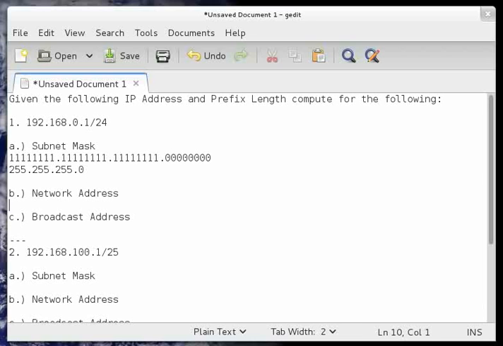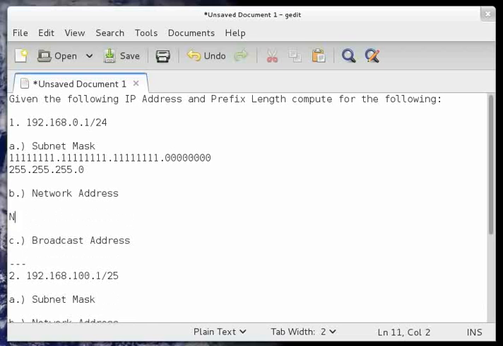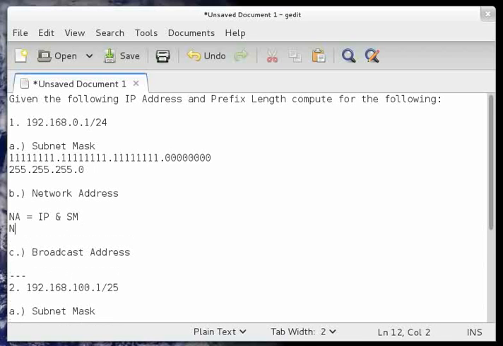Next, we compute the network address. The network address can be computed by roughly the formula: IP address logical AND subnet mask. In this case, the IP address is 192.168.0.1, then logical AND the subnet mask, which is 255.255.255.0.